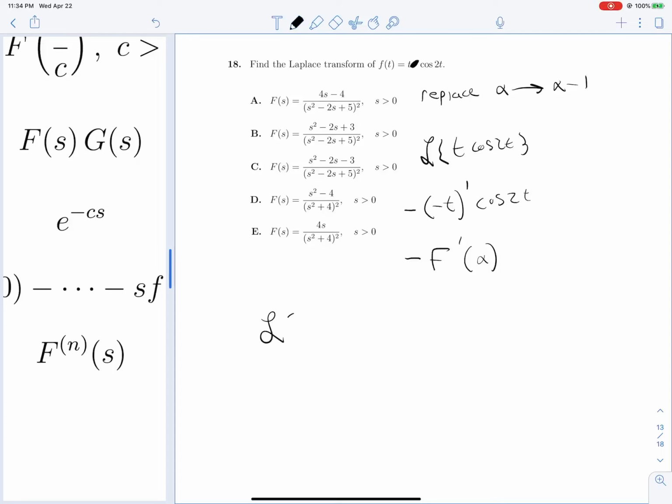So the Laplace transform of cosine of 2t will just be alpha over alpha squared plus 4.